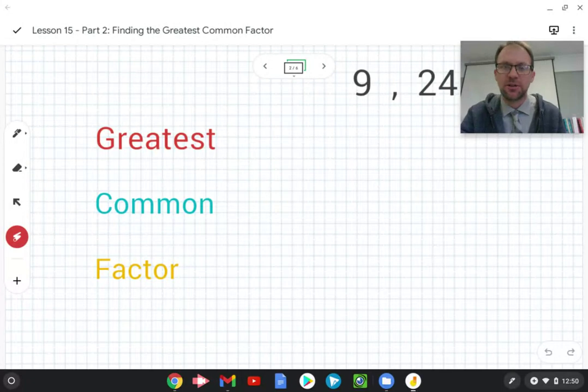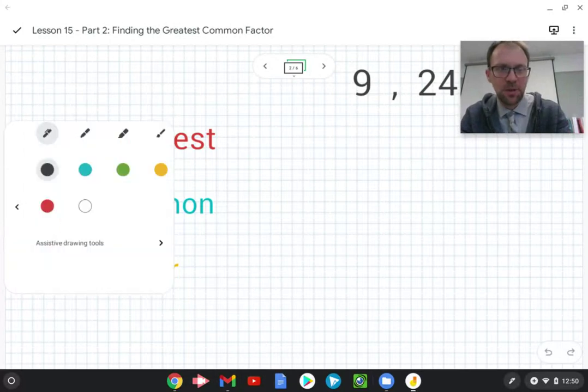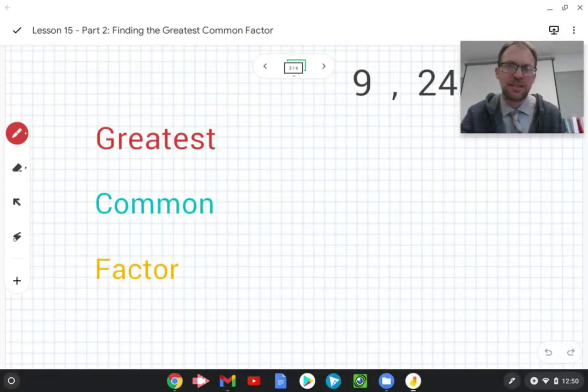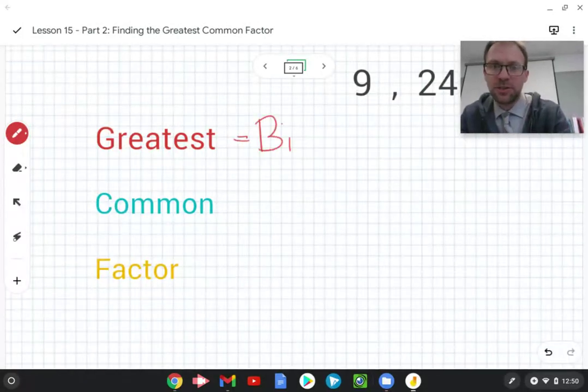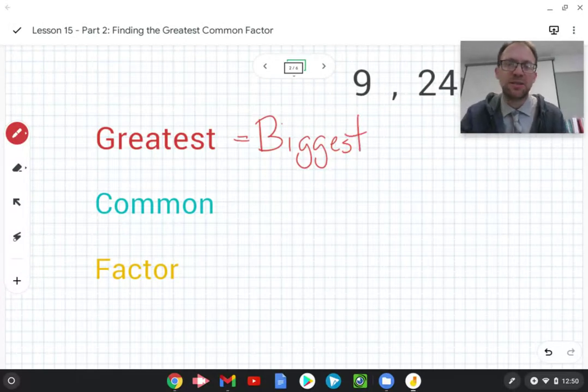Now, before we start, let's make sure we understand this kind of funny name, greatest common factor. The word greatest here means biggest. So when you see greatest, think biggest. We say greatest because it's conventional. That's what you're going to see all over the internet, textbooks, other teachers, everywhere. Greatest, biggest.